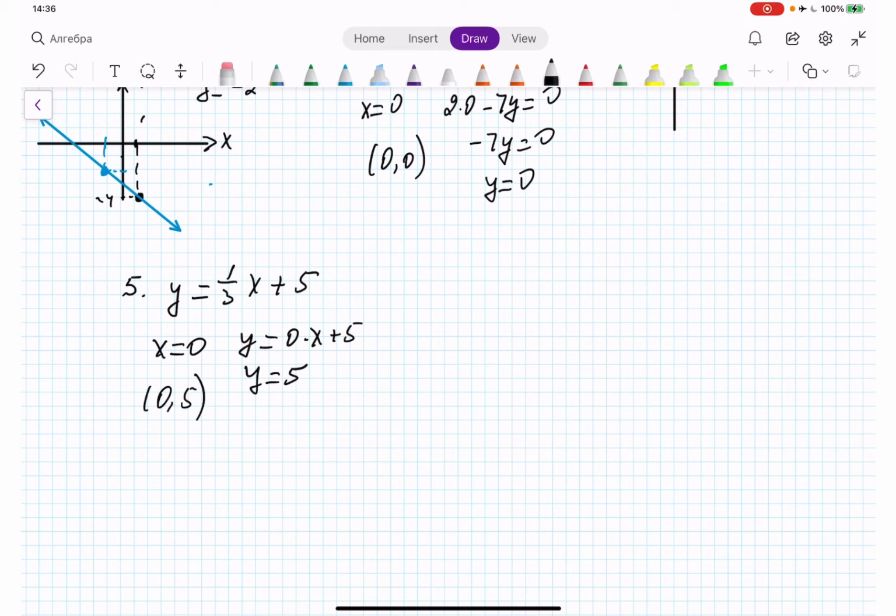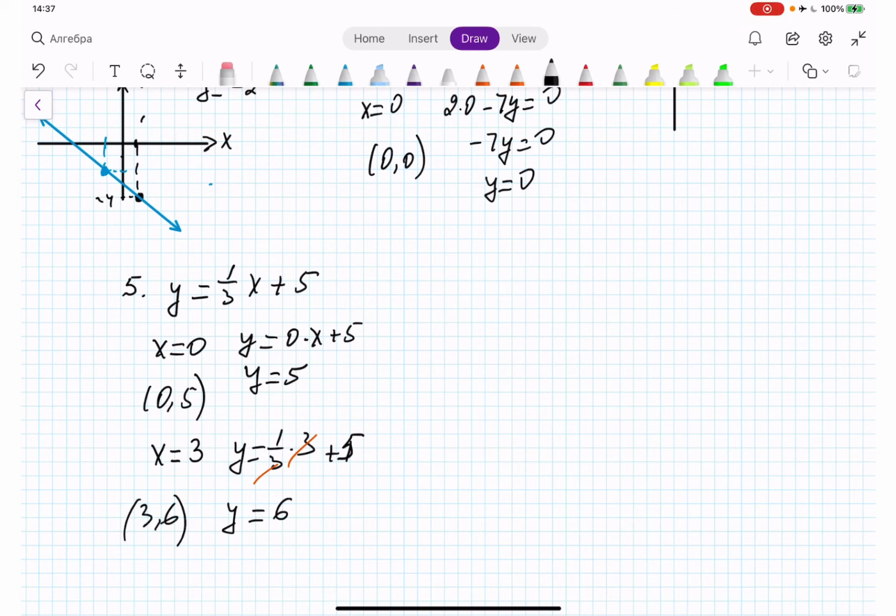Next, let me see. I want to take x is equal 3, because if I multiply by 1/3, I get rid of the fraction, right? y is equal 1/3 times 3, canceling, and plus 5. So y is equal 1 plus 5 is 6. It's going to be 3 and 6.